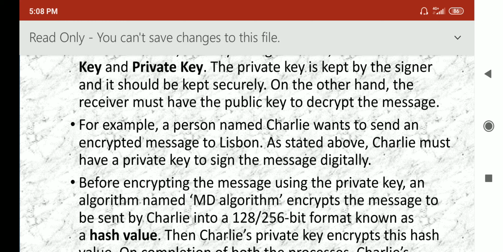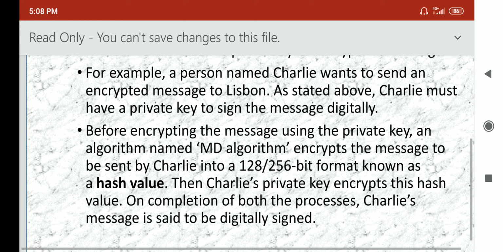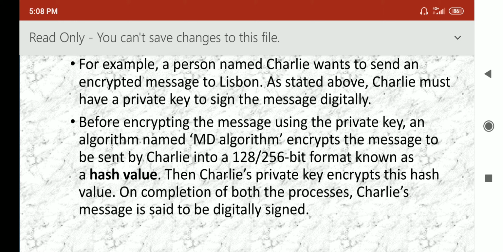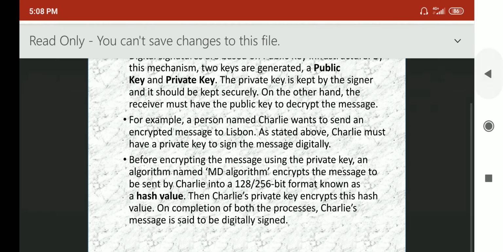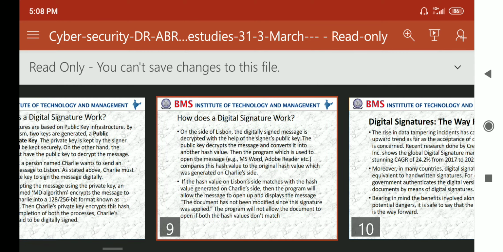As stated above, Charlie must have a private key to sign the message digitally. Before encrypting the message using the private key, an MD algorithm converts the message to be sent by Charlie into a 128 or 256-bit format known as a hash value. Then Charlie's private key encrypts this hash value. On completion of both the processes, Charlie's message is said to be digitally signed. This is how it works.